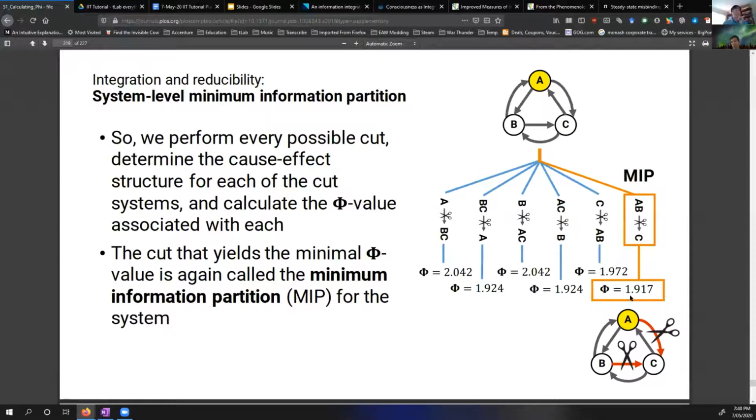And once again, the reason we take the minimum is because if there's any one cut which gives 0 big phi, then essentially it doesn't matter what other cuts you do, your system is essentially two separate systems, or one feeding into the other. And we refer to the partition that we choose as the minimum information partition. It's basically the same idea as at the mechanism level.